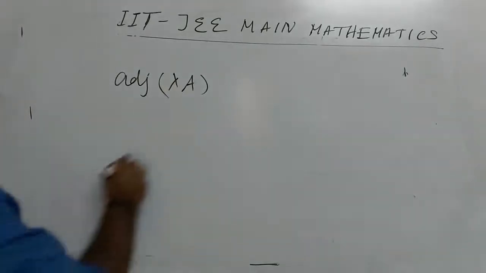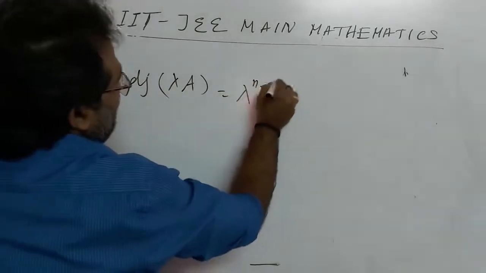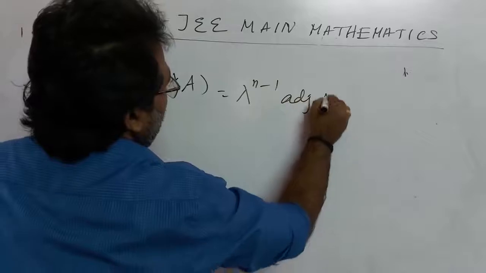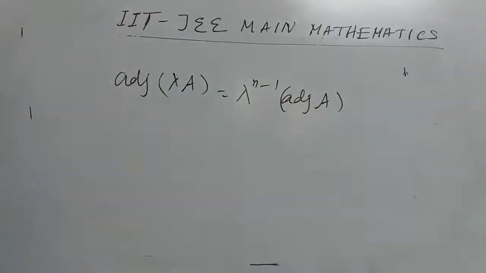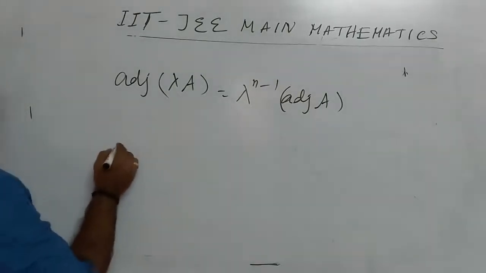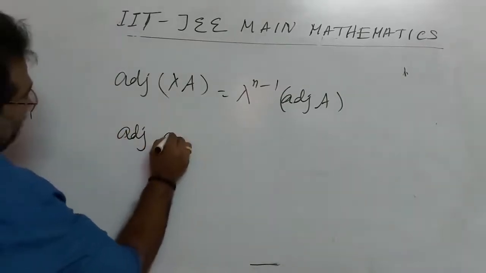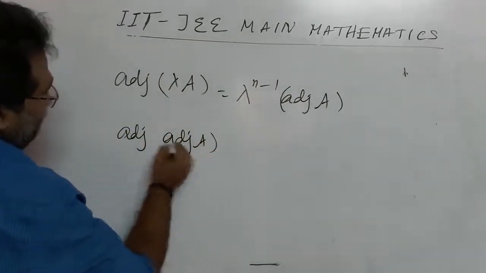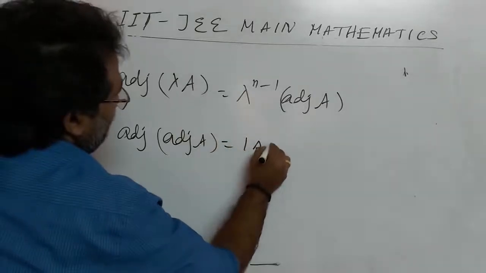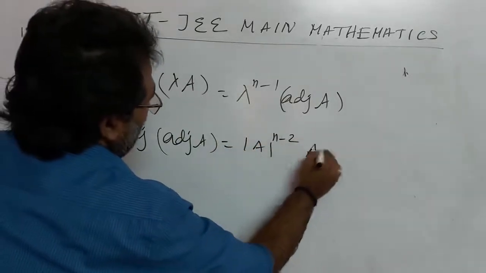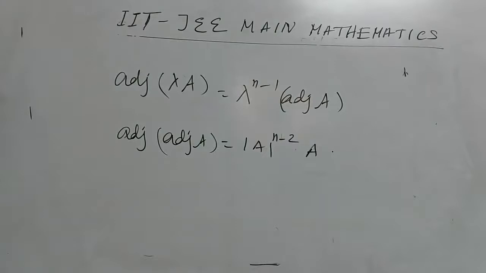Adjoint of lambda A equal to lambda power n minus 1 into adjoint of A. Adjoint of adjoint of A equal to determinant A whole power n minus 2 into A.